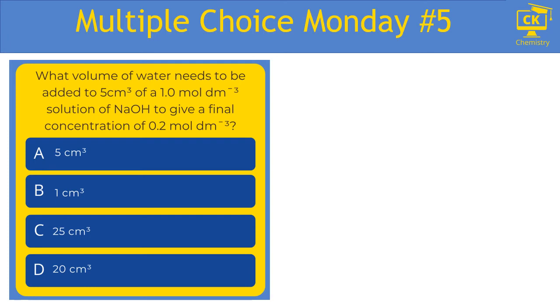The equation is that the final concentration of a solution, if we're going to dilute it, is equal to the initial concentration multiplied by our fraction, which is made up of our initial volume divided by our final volume, so whatever we're going to make the final volume up to.